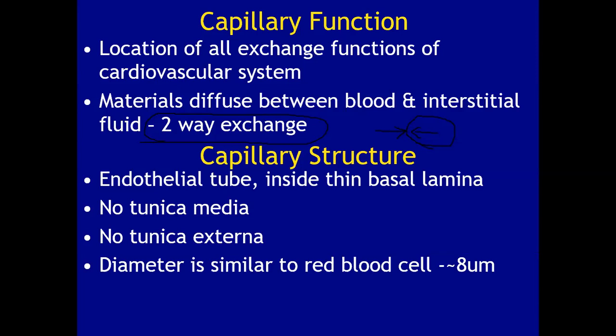And that's going to be our capillary. We have no tunica media, no tunica externa, and the diameter is about that of the red blood cell's size. That way the red blood cells go through in single file, and we can extract as much oxygen as we can from that bloodstream.